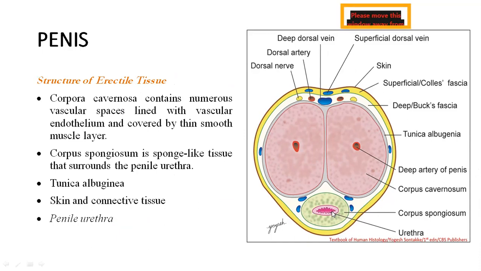The corpus spongiosum is sponge-like tissue that surrounds the penile urethra. The tunica albuginea covers it outside, and then we see skin and connective tissue.